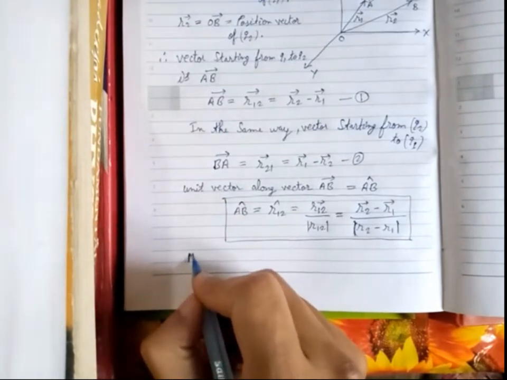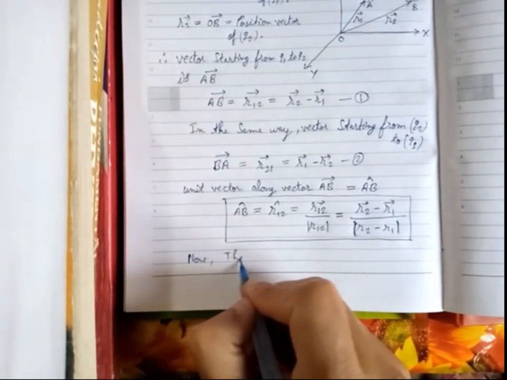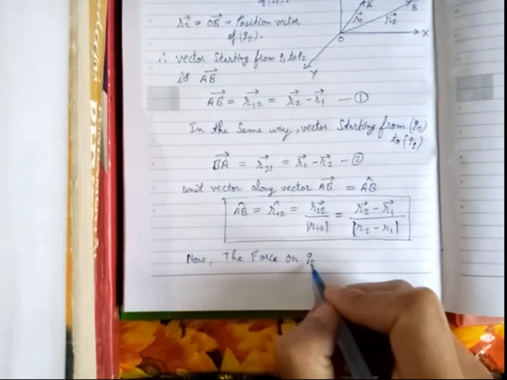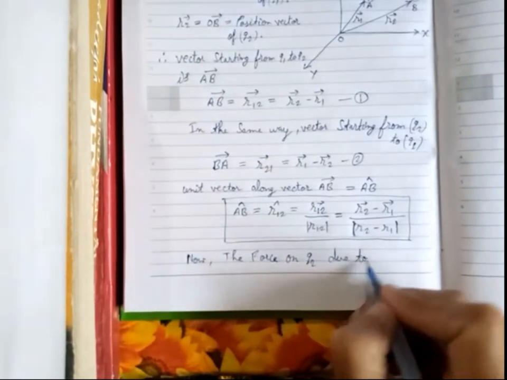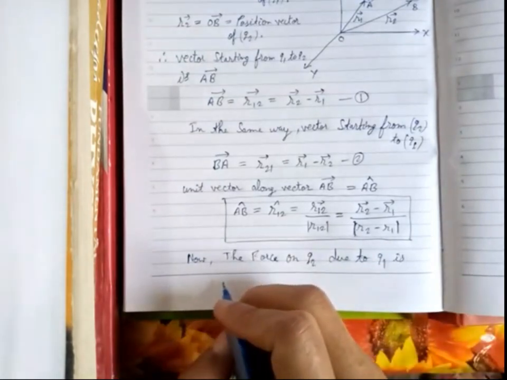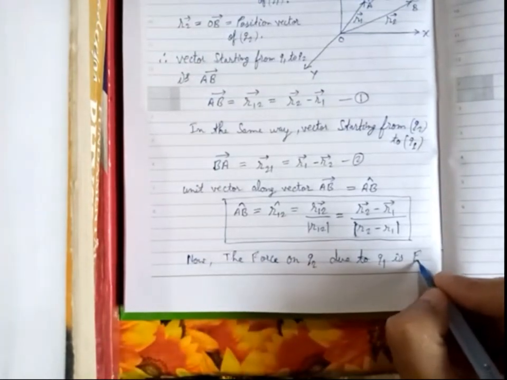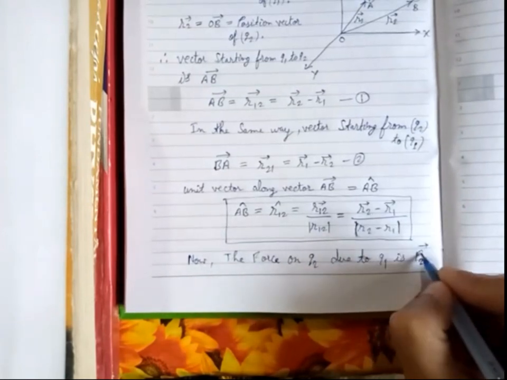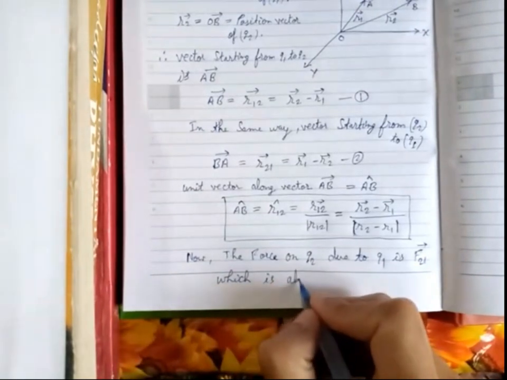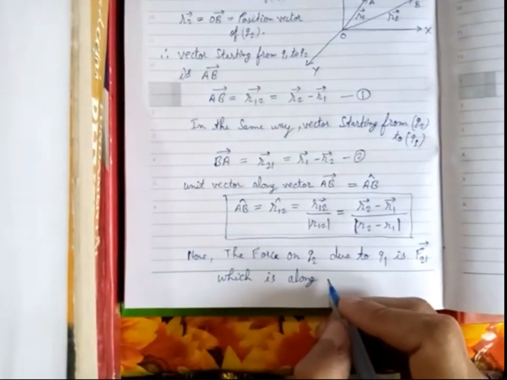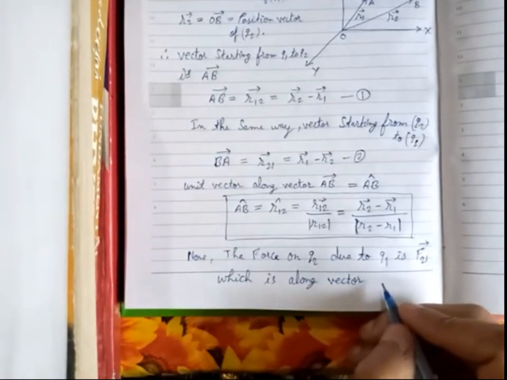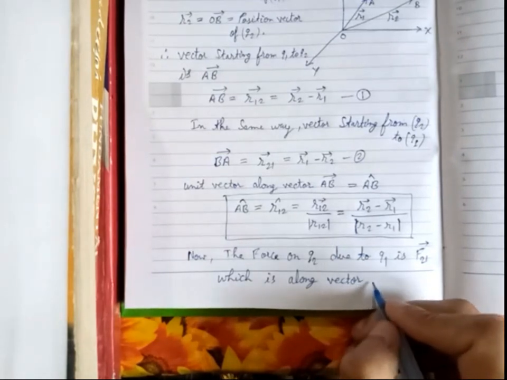Now the force on charge q2 due to q1 is F21, which is along vector AB.